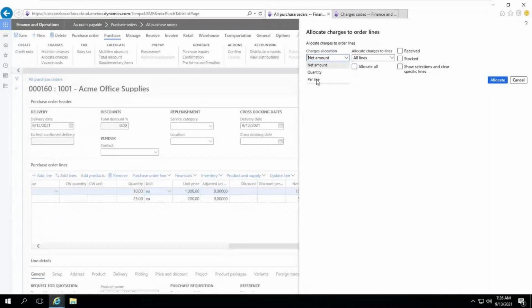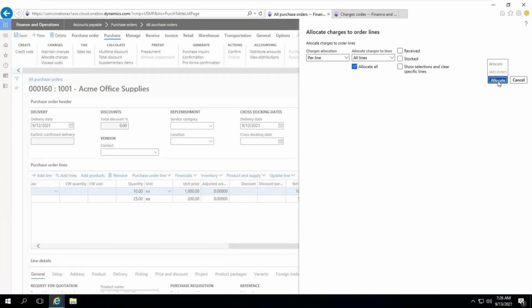Per line means the lines should be updated automatically based on how many lines there are. If it is 3 lines, it is $50, $50, $50. If it is 2 lines, it is 75, 75. If it is 4 lines, it is 37.5, 37.5, 37.5. Like this I am mapping. This is per line calculation. Allocate.